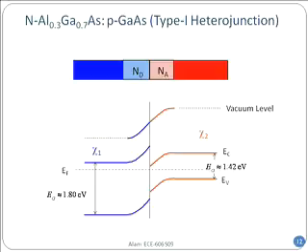There is a change in delta EC and delta EV, so the band gap of one is fitting right inside the other one. This is called a type 1 heterojunction, because soon we will see cases where one band gap and the other band gap will stagger such that in one case the delta EC is positive, but the delta EV is actually negative. So those will be other types that you can see.